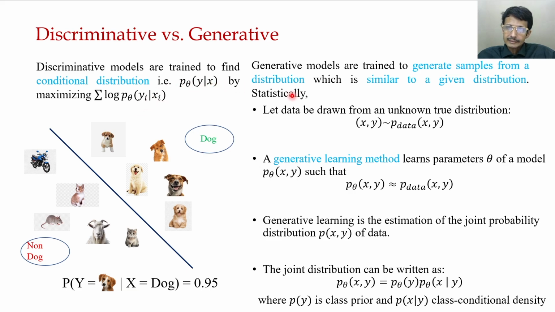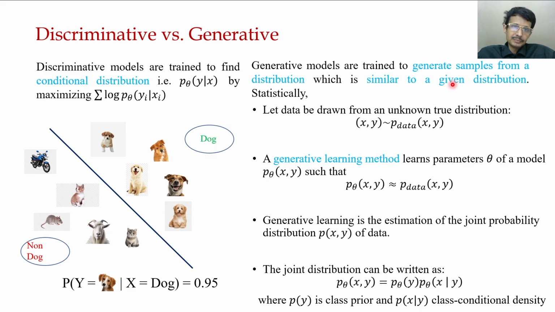On the other hand, generative models are trained to generate samples from a distribution which is similar to a given distribution. A distribution is given and generative models try to train in such a way that they can generate samples from a distribution very similar to this given distribution.